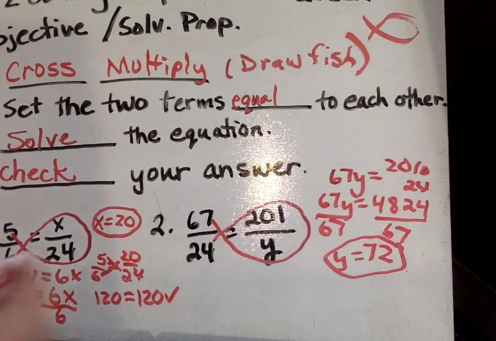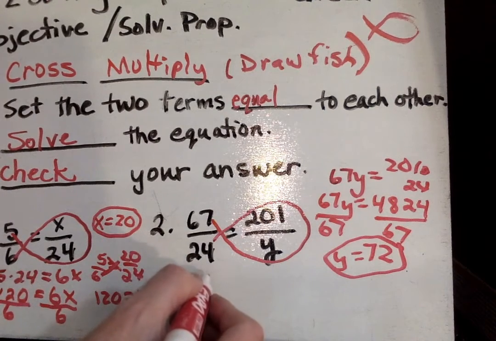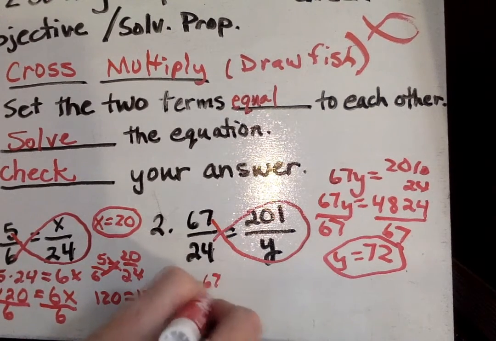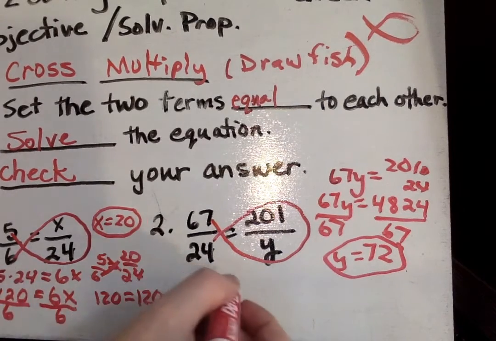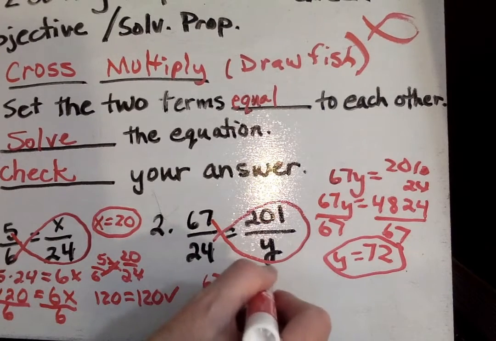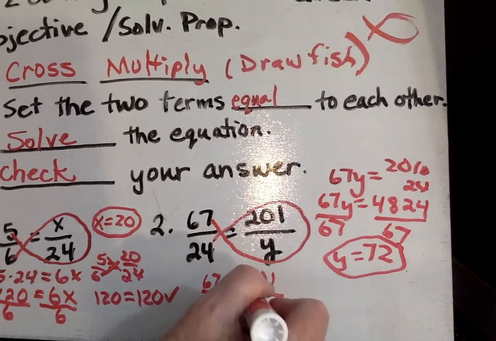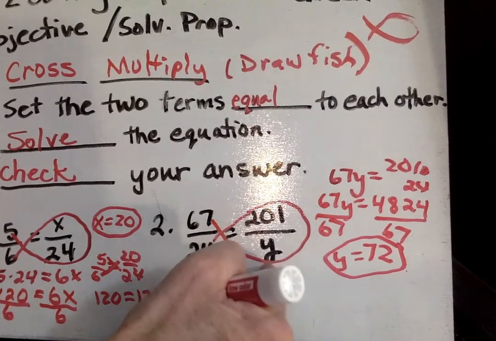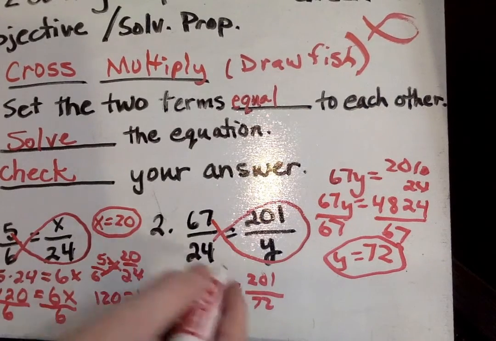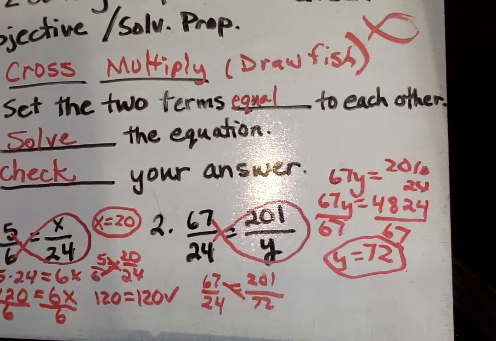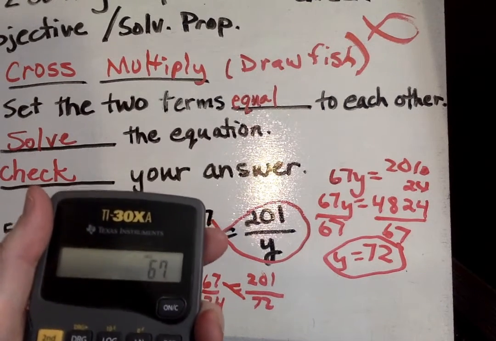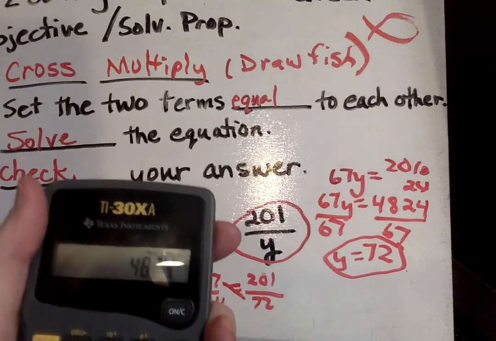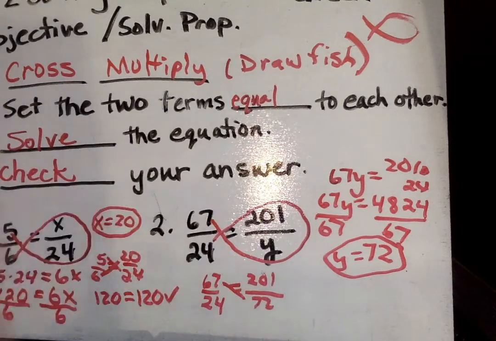Then to check that, we say 67 over 24. Do I need to go down? No, you can see that okay. Does that equal 201 over 72? Now 67 times 72, and this already has 72 in it, I'll clear it out. 67 times 72 equals 4824.